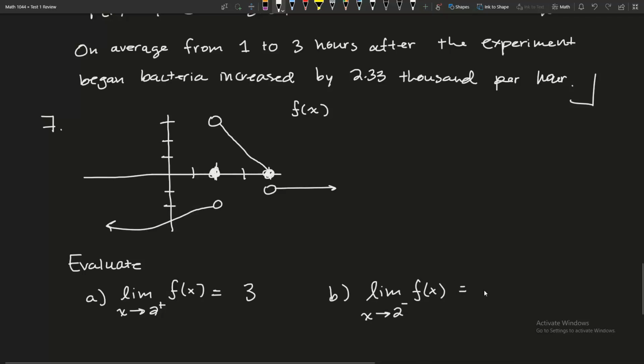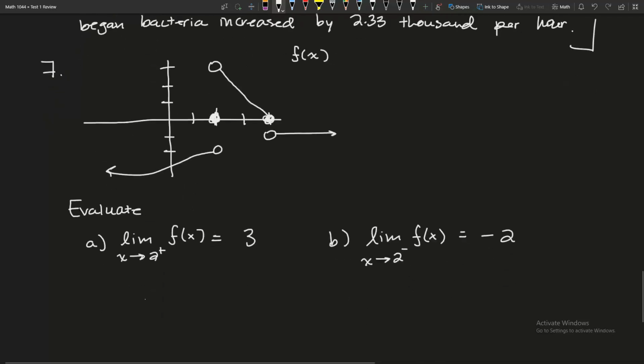So from the left-hand side, the graph would have a limit of -2. And then if you talked about the two-sided limit, remember the two-sided limit only exists if the left and the right limits agree with each other. So because they disagree, the two-sided limit does not exist.